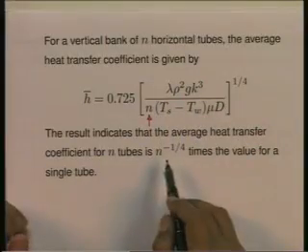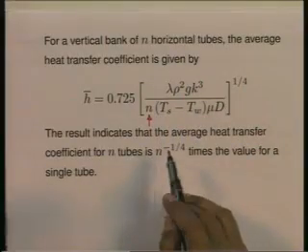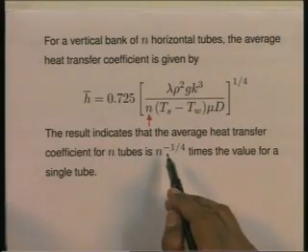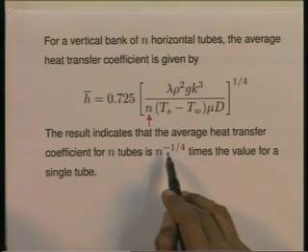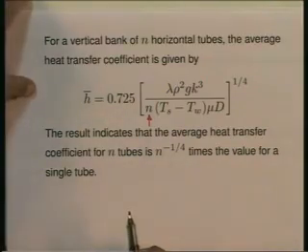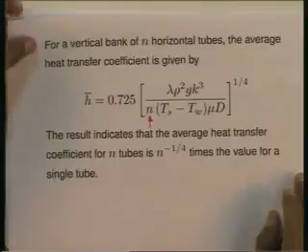So, there is a slight reduction in the average heat transfer coefficient when you go from a single tube to a bank of n tubes, and the reduction is a multiplication by a factor n to the power of minus 1 by 4. Now, these were the expressions all derived by Nusselt, as I said.